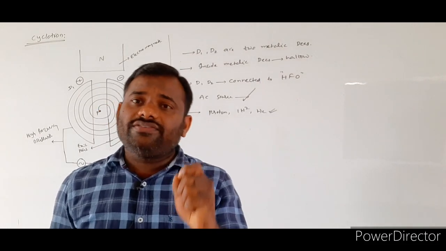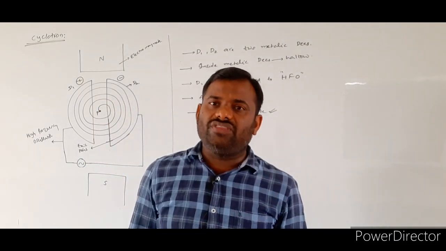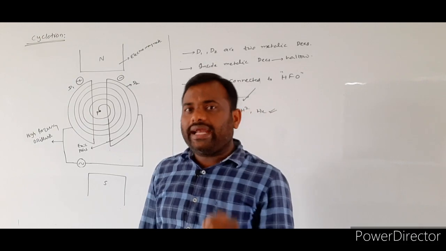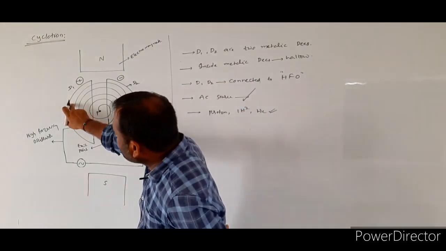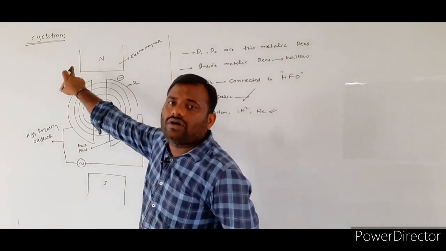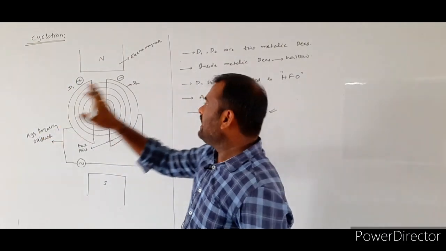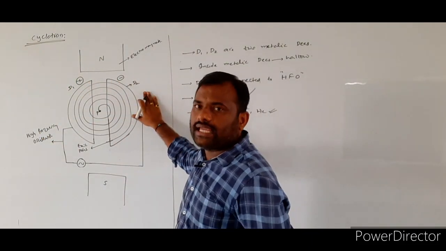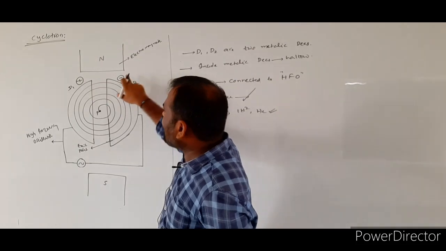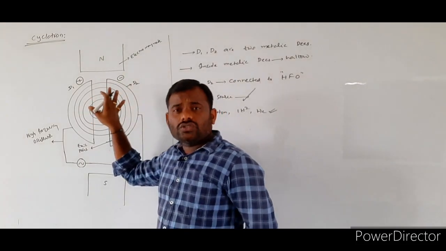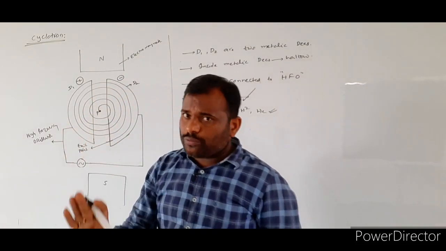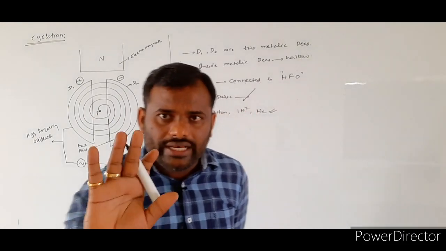Once again, for the first positive half cycle of the applied AC, D1 will be acting as the positive plate, and D2 will be acting as the negative plate. One is acting as the positive plate, another as the negative plate.